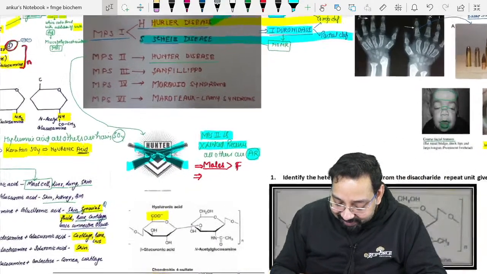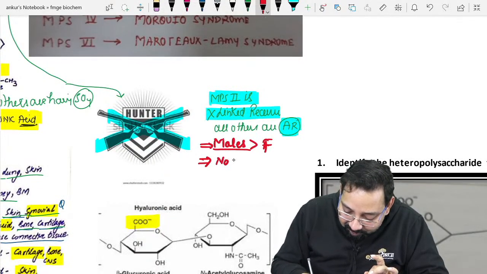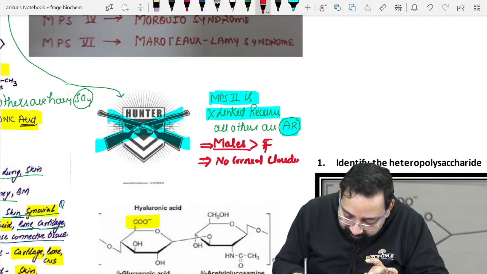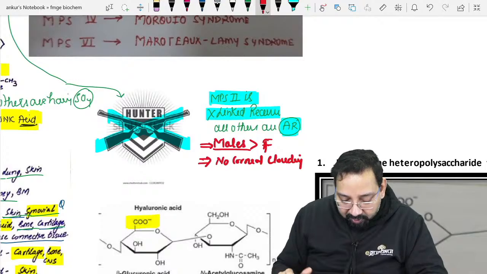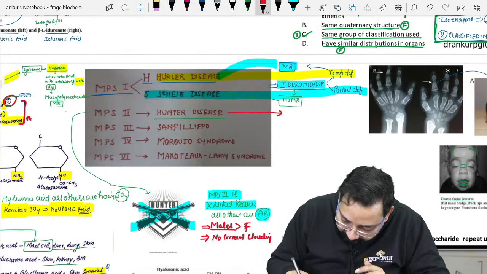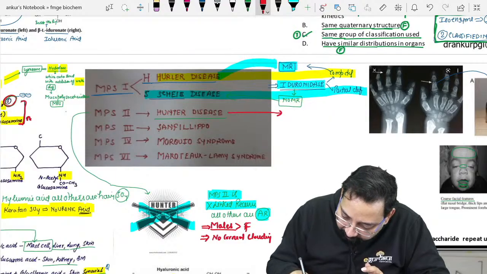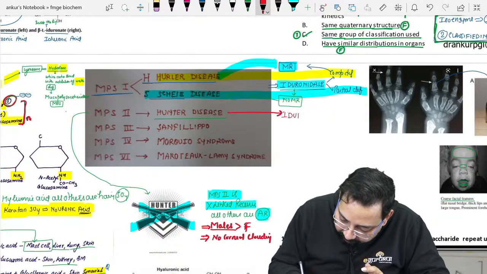So a hunter should have very good vision. So no corneal clouding: Hunter's disease. So I write here Hunter's disease. Which enzyme is deficient? Iduronate sulfatase.